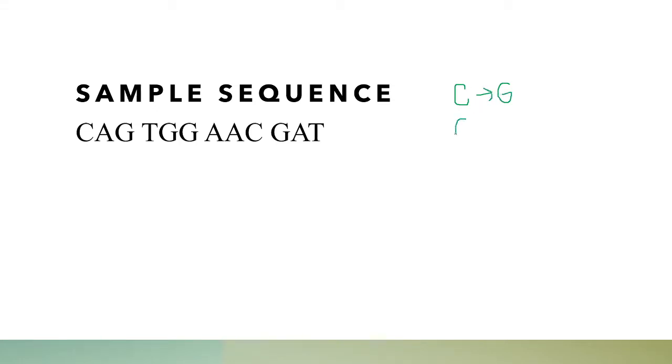We can say the opposite: G makes C. If you have a T in DNA, that's going to turn into an A in RNA. But remember, if we have an A in our DNA sequence, instead of it becoming T like we practiced yesterday with DNA, if we're making RNA, that's now going to turn into the letter U.